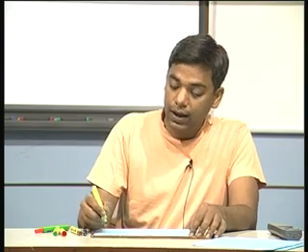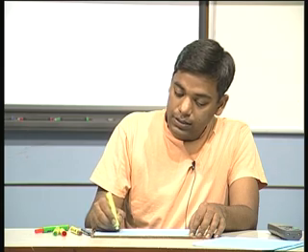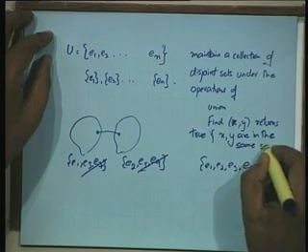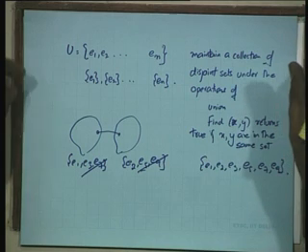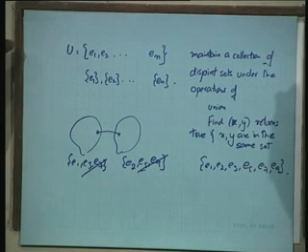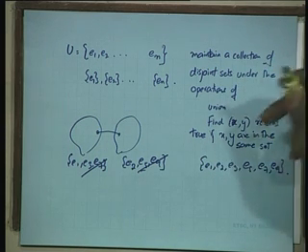Let us say find takes as parameters two elements x and y and returns true if x and y are in the same set. What should it return? Well, this is not a complete description of find. If x and y are not in the same set, what should find return?